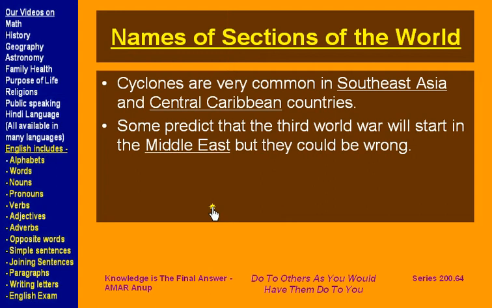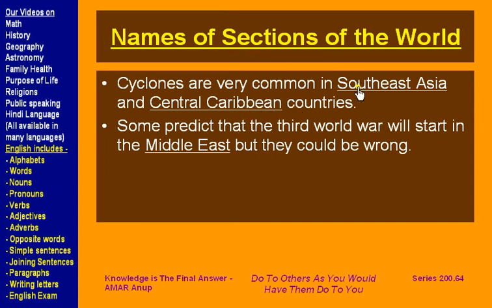The world is also divided in different sections depending on the direction: north, east, west, south. So when we talk of that section of the world, then that section's name is capitalized. To give an example, cyclones are very common in Southeast Asia and Central Caribbean countries.